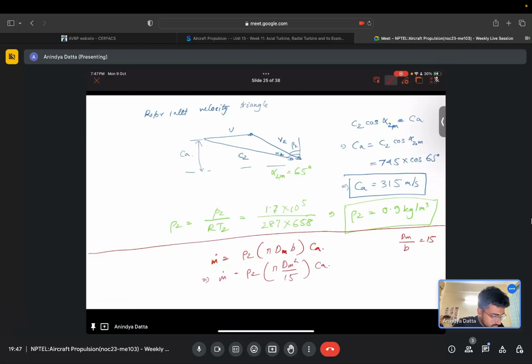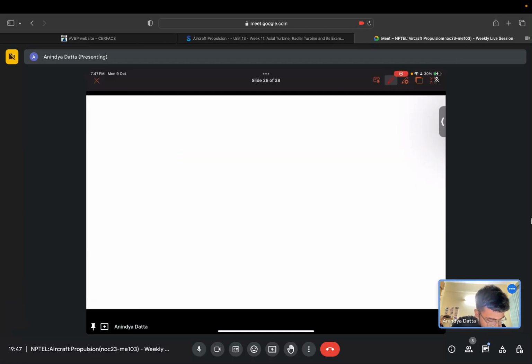So we have 30 kg per second as our mass flow rate, 0.9 is our density, into pi dm square by 15 into Ca. Ca is 315. If you solve this, you will get dm as 0.71 meter.